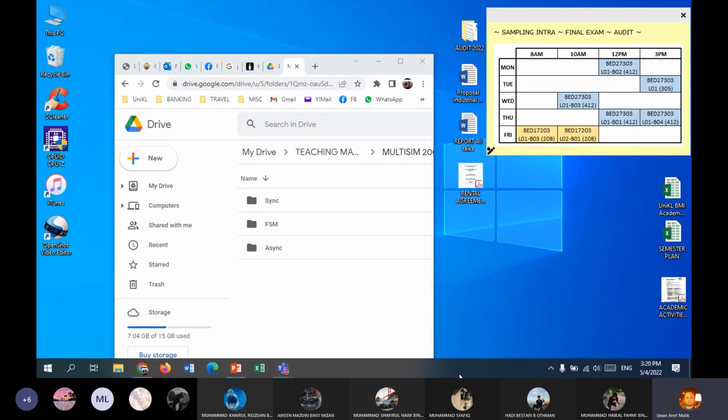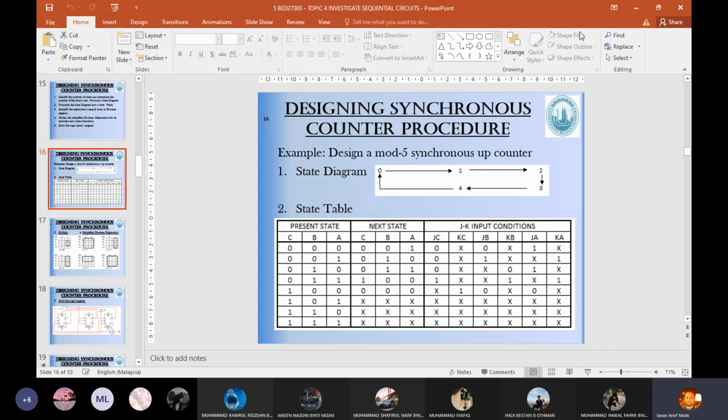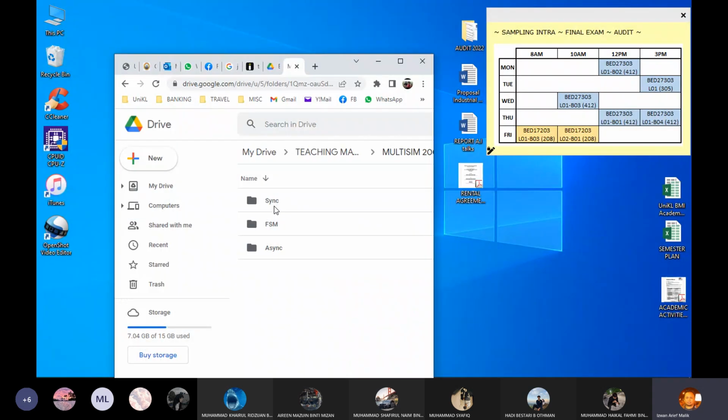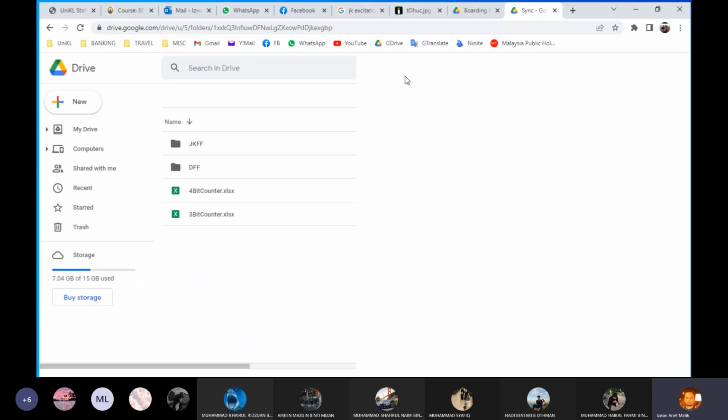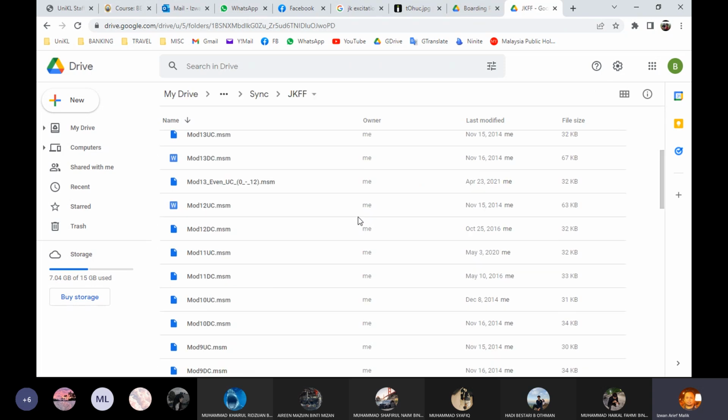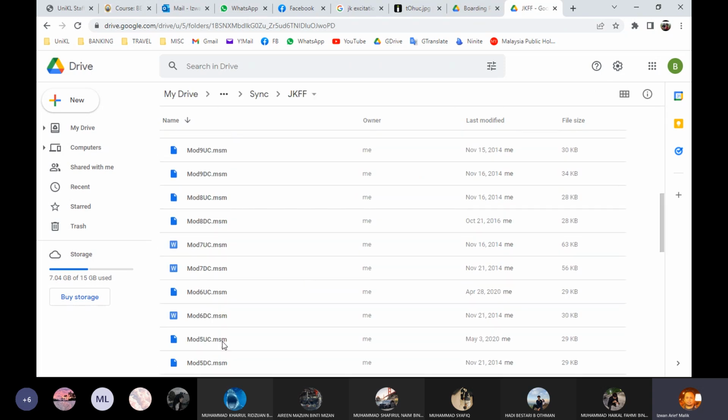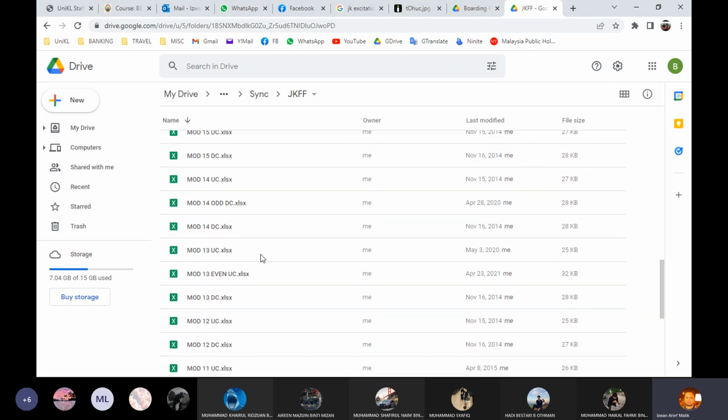So what is the example just now? Mode 5 up counter, synchronous, JK, mode 5 up counter.